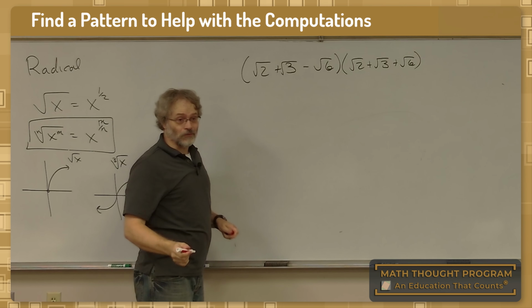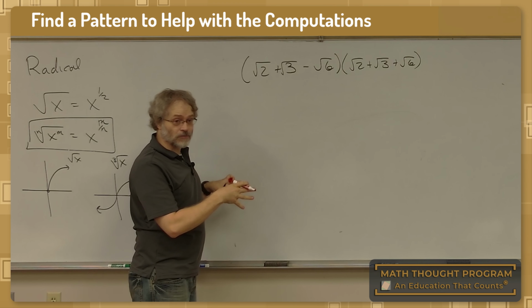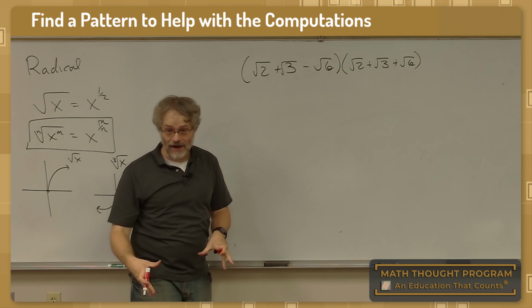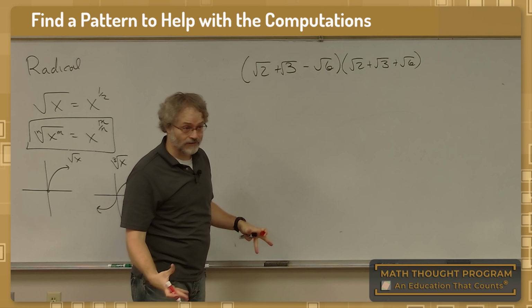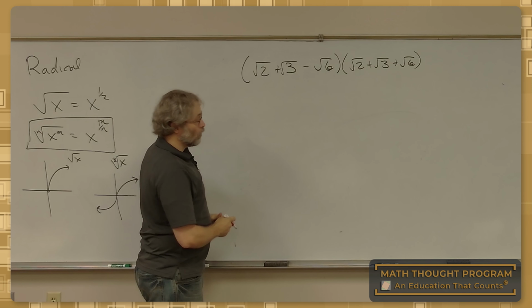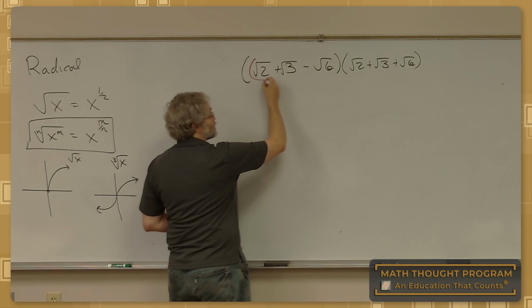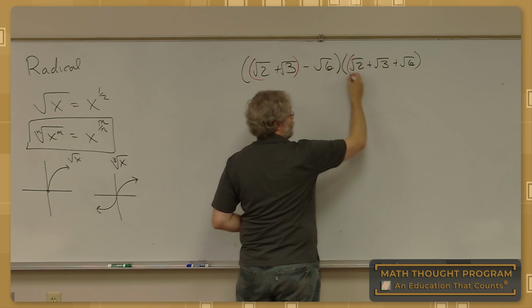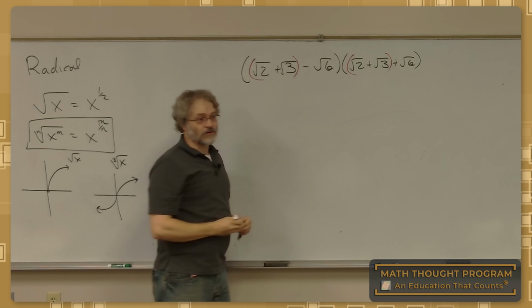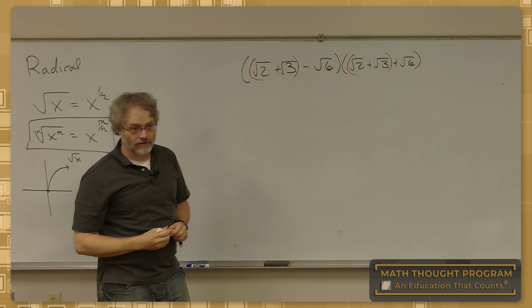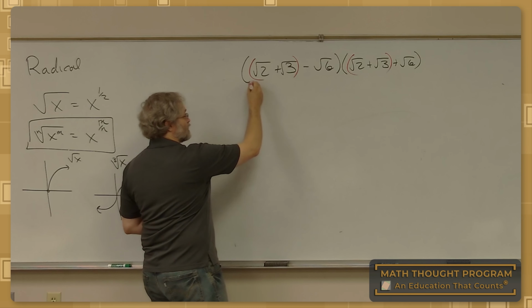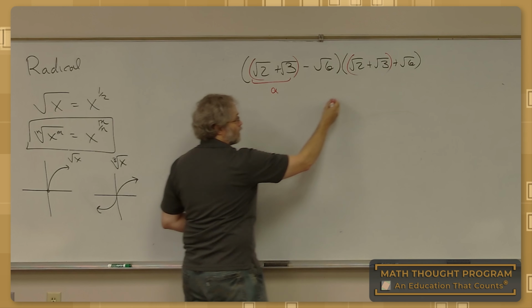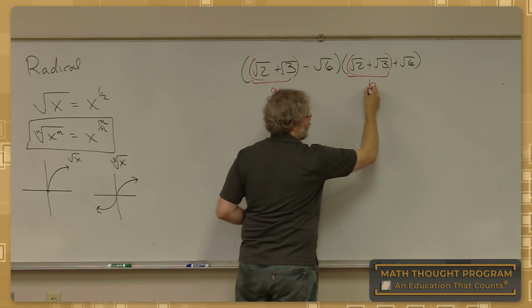What I could do is look at the terms and see if I can find some kind of pattern that's going to help me in an endeavor. I can group these two terms together. And if I group those two terms together, I have the exact same thing right here as I do right there.